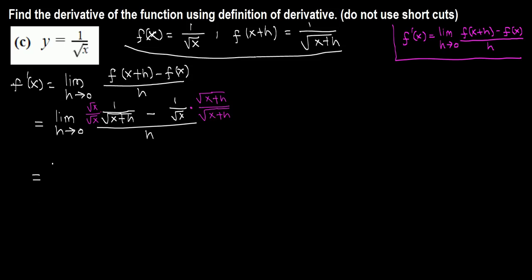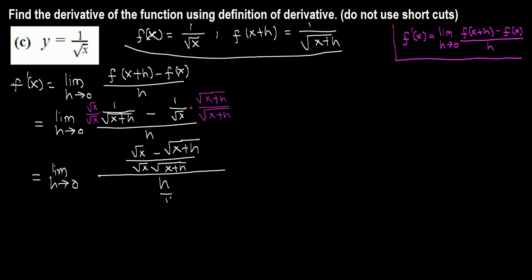So that is the limit as h goes to 0. Now we have the common denominator on the top, square root of x times square root of x plus h. Square root of x times 1 is square root of x, minus 1 times square root of x plus h, that's square root of x plus h. We have a fraction divided by another fraction, so on the bottom we can write h over 1.